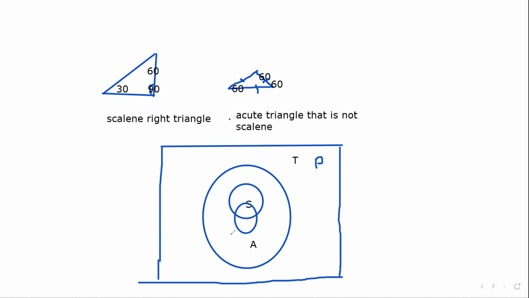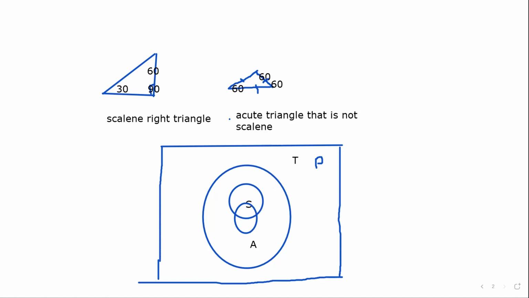I can tell you that Professor Nickdell is more concerned with you understanding which groups of shapes relate to which other groups of shapes than she is how well you can draw the Venn diagram. If you understand that some scalene triangles are right triangles, or all scalene triangles are triangles, things like that, those are things you should understand.